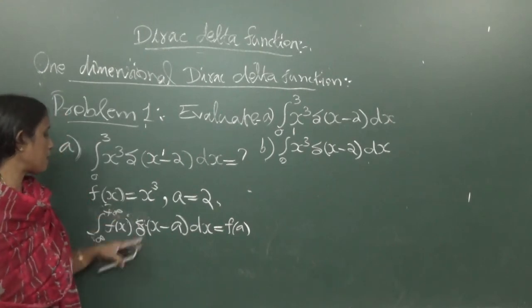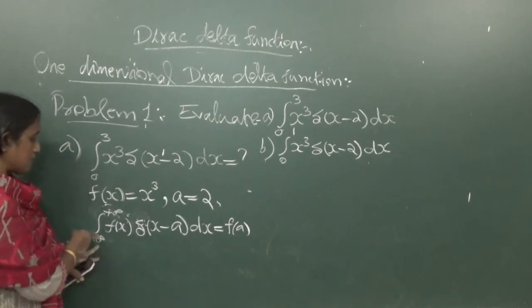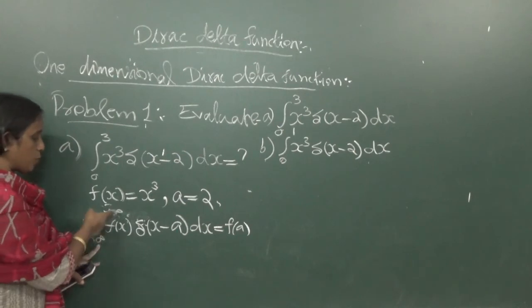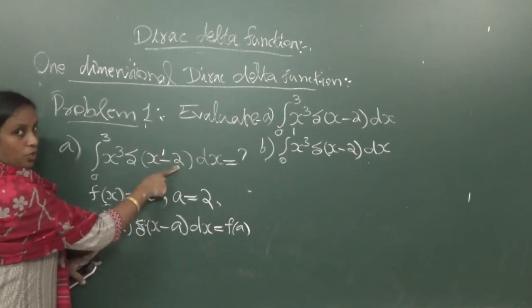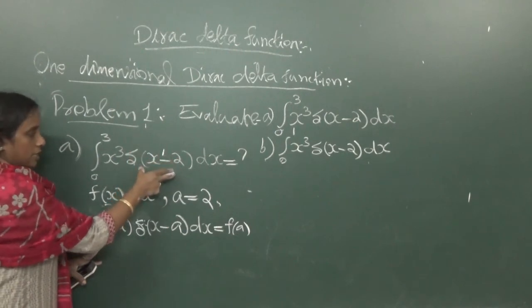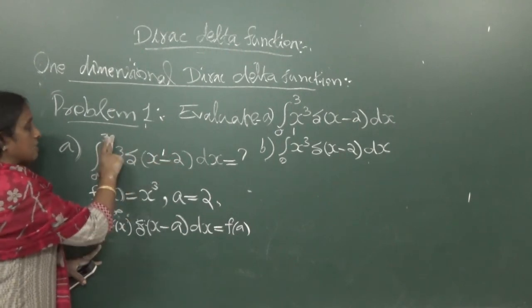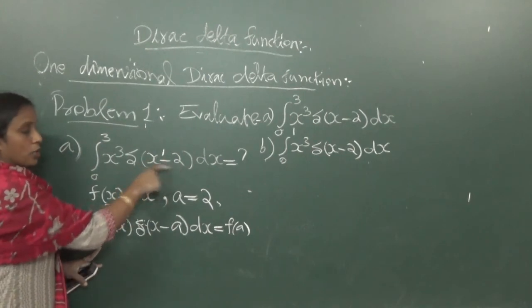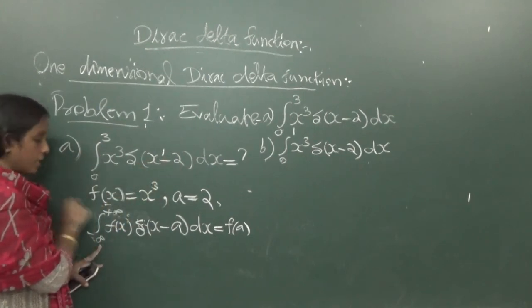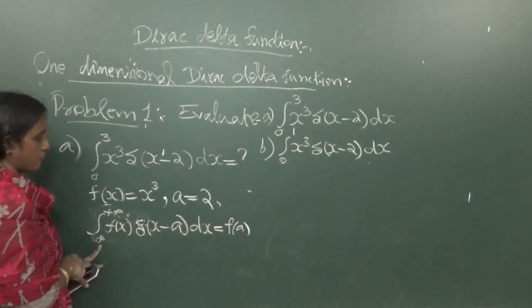Now you can compare here. You can see that this integration limit runs from 0 to 3 and its origin lies at 2. So no problem. This Dirac delta function lies inside this integral 0 to 3 because its origin is at x equal to 2. Okay, so you can write this as f of a.